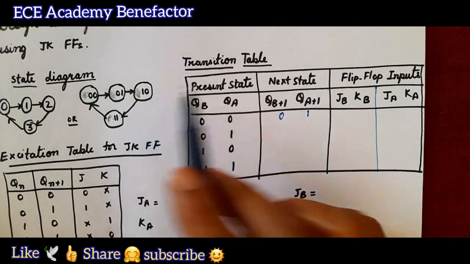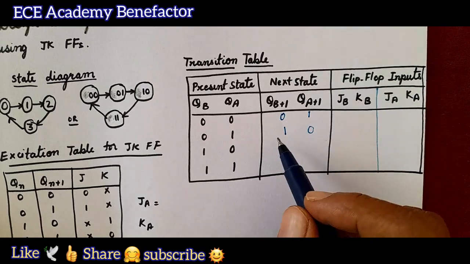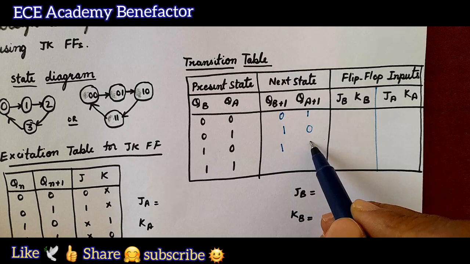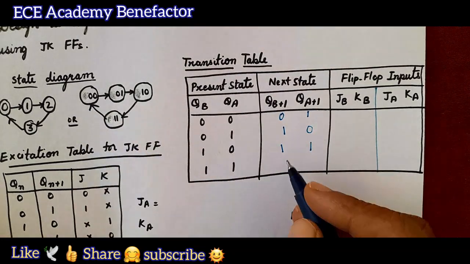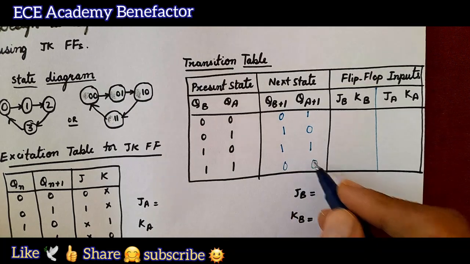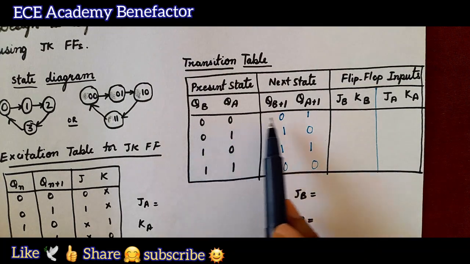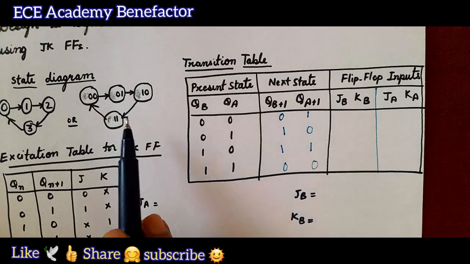After 01 it is 10. After 10 it is 11. After 11 it is going back to 00. So, like this: after 00, 01; 01, 10; 10, 11; 11, 00. We have written this next state based on the state diagram.